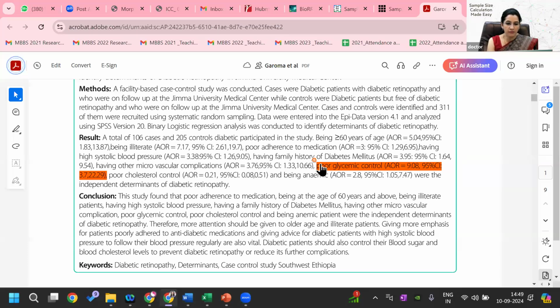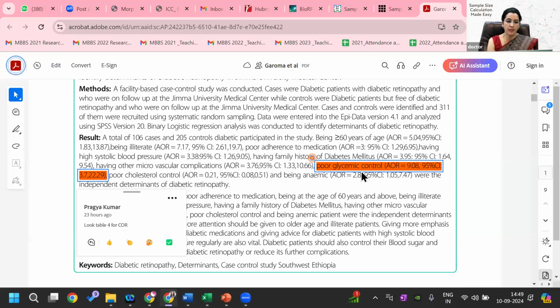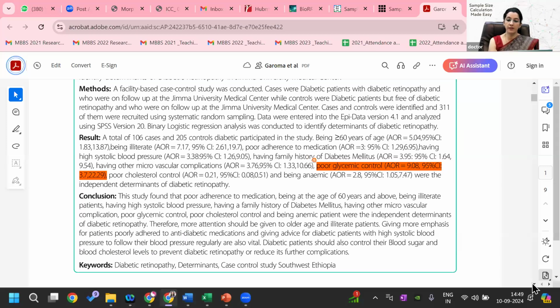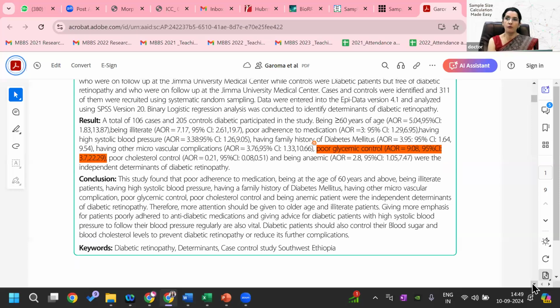And the risk factors they have taken are like family history, microvascular complications, poor glycemic control. If you see poor glycemic control, it is giving you the adjusted odds ratio. But what we discussed is that we have to take the crude odds ratio. So how will I get the crude odds ratio?